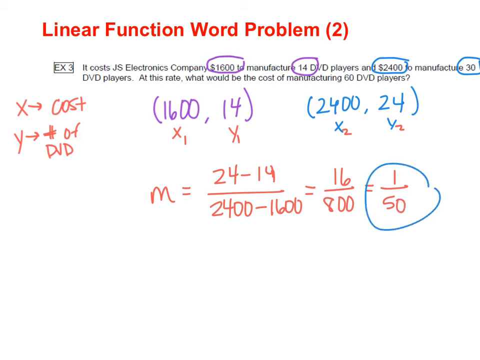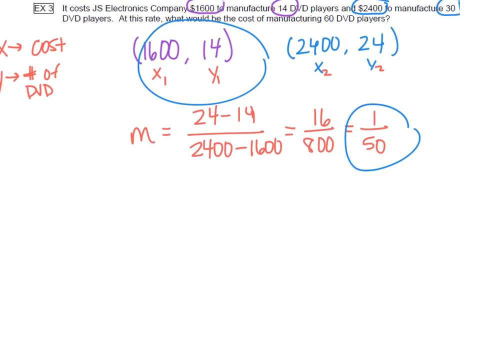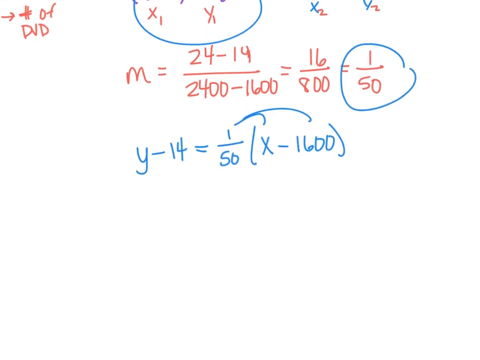Then we take our slope, we pair it with that first point, and we write an equation. Y minus Y1, which is 14, equals our slope, 1 over 50, times X minus 1600. Let's go ahead and distribute the slope so we can solve this for Y. Y minus 14 equals 1 over 50x minus 1 over 50 times 1600, which is 32.